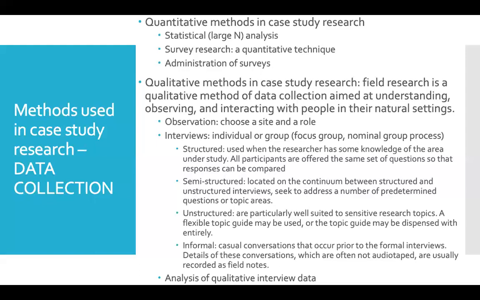Then we have informal, casual conversation, and they often occur in relation to formal interviews. Details of these conversations are often not auditable and are usually recorded as field notes.